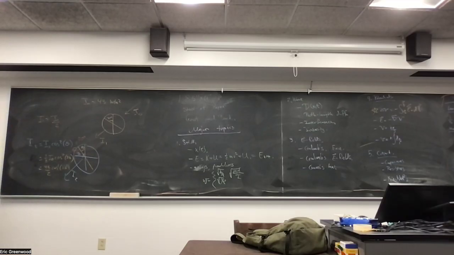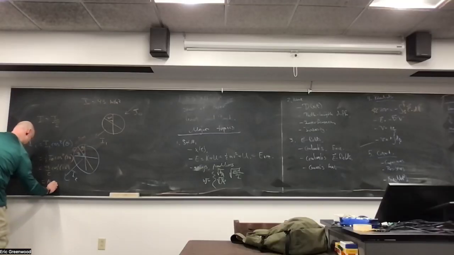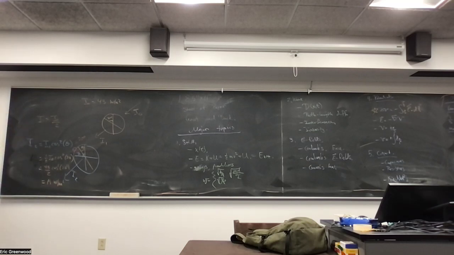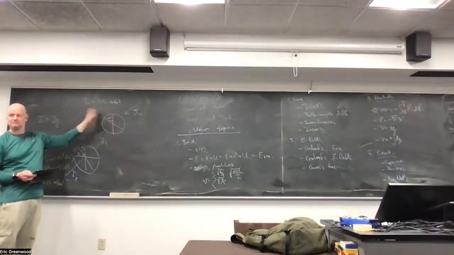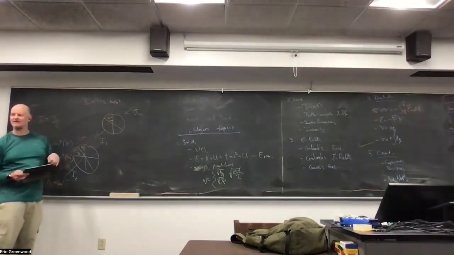The rest is plug and chug. You should get 19 watts per meter squared. Anytime I have unpolarized light going through any polarizer, it automatically drops by a factor of 2.